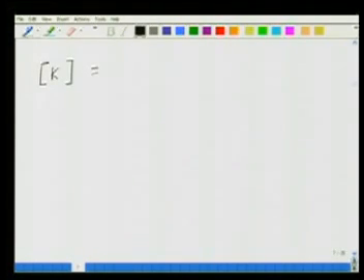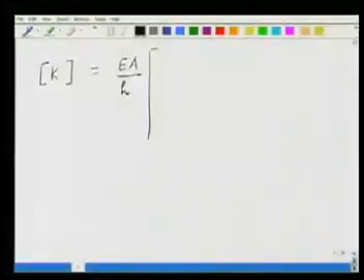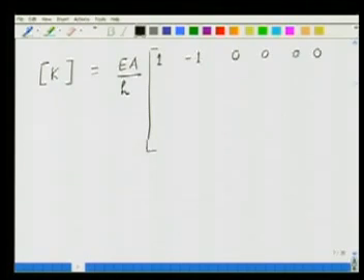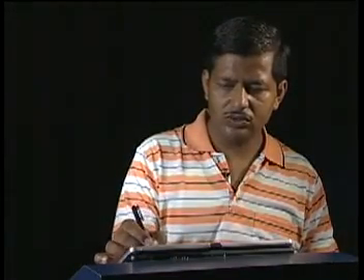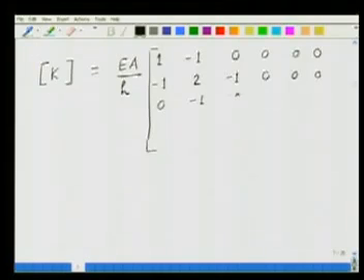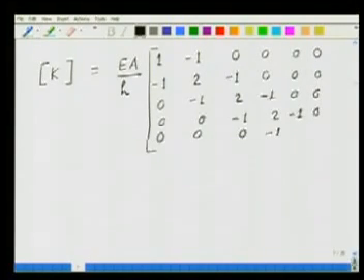So this will be equal to, if I remember it correctly, EA by H into the matrix with rows 1 minus 1 0 0 0 0, minus 1 2 minus 1 0 0 0, and so on, finally ending with 0 0 0 minus 1 2.